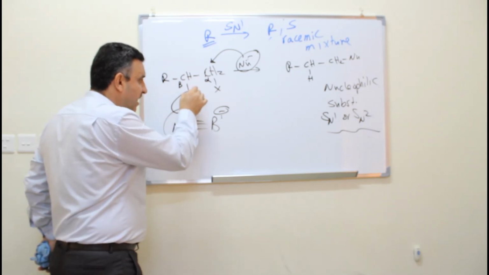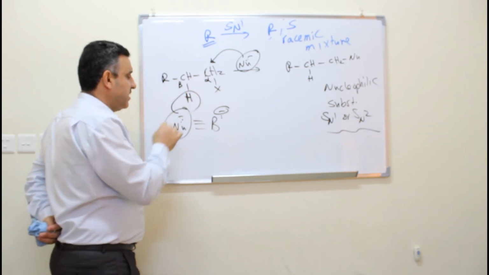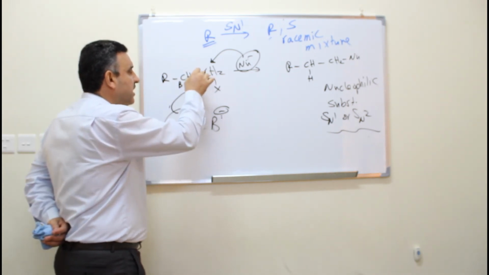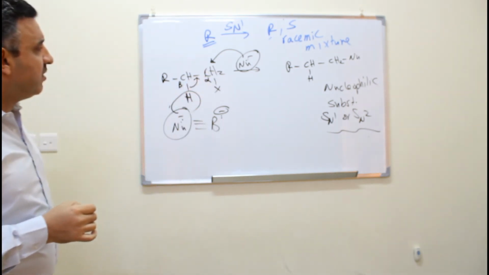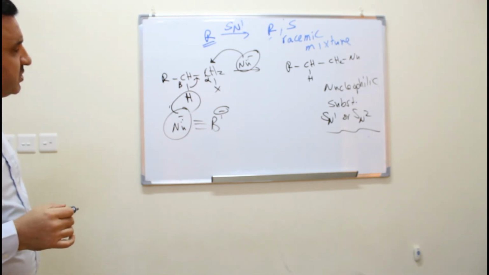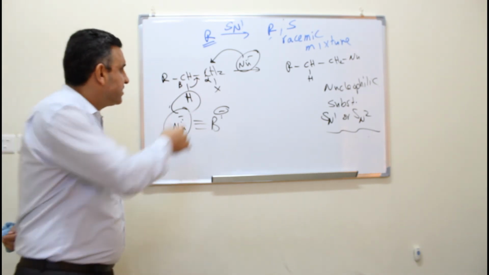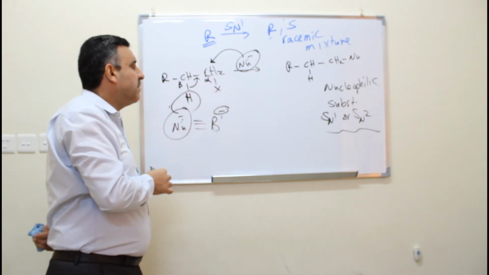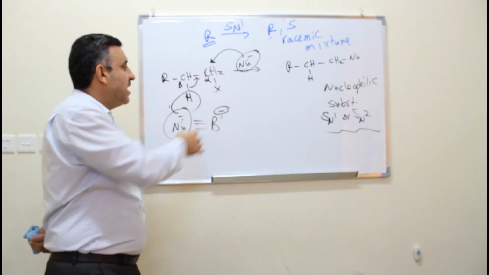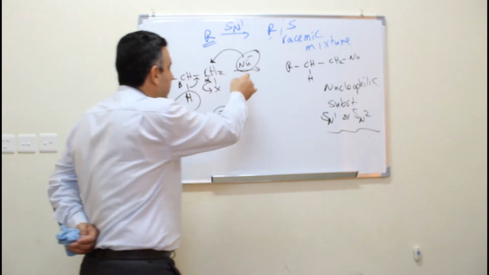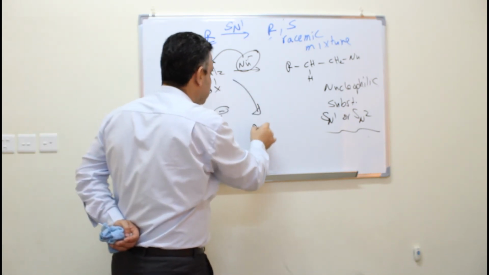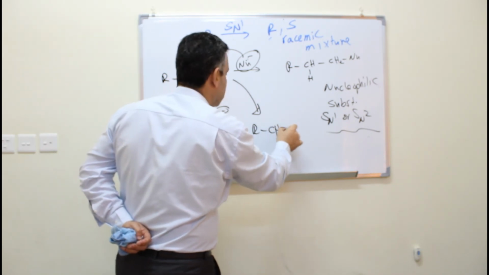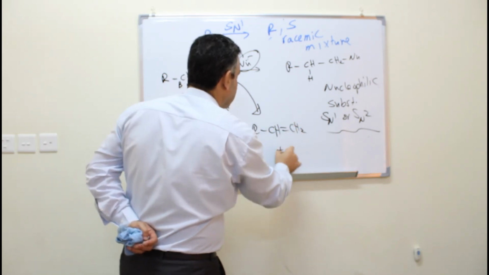If we have a hydrogen at this carbon, then this nucleophile can take the hydrogen, and the pair of electrons between this carbon and hydrogen will be used to make a double bond between the two carbons, and therefore the halogen can leave, and we are going to get the elimination product, RCH double bond CH2 plus HX.